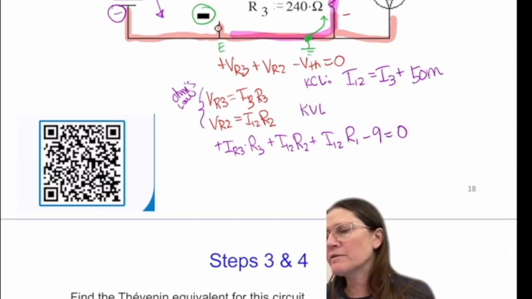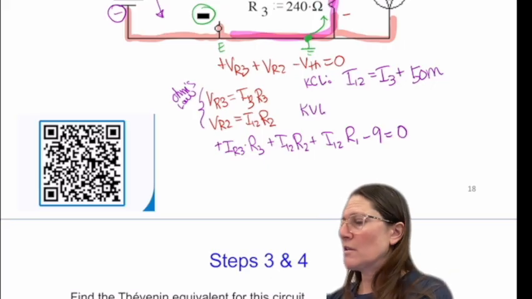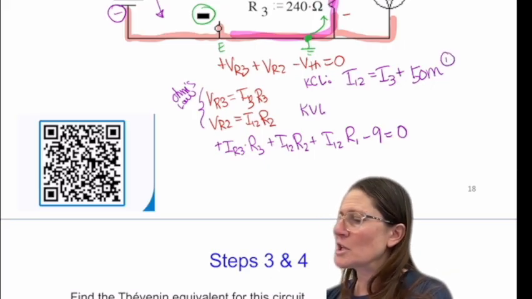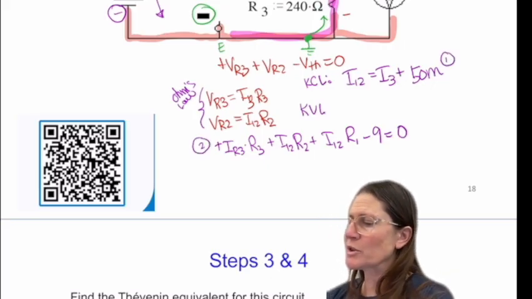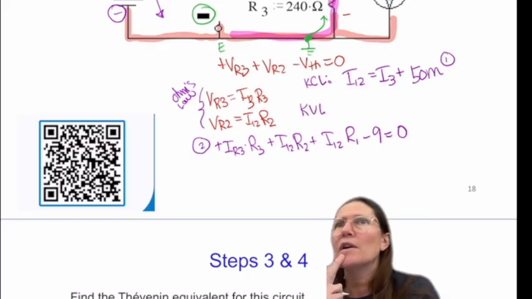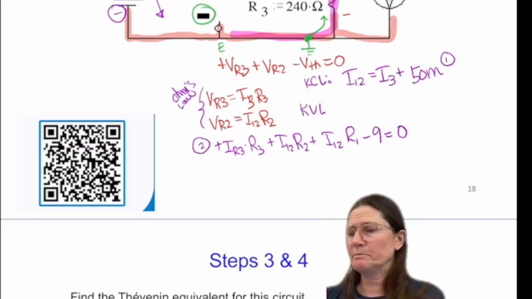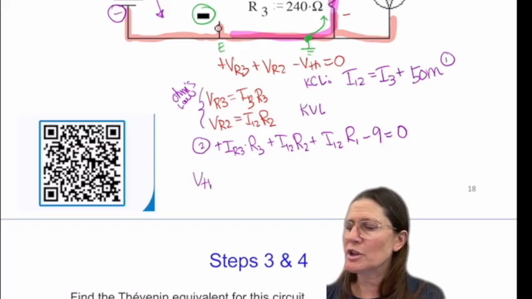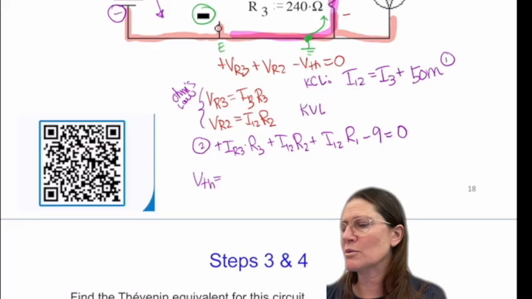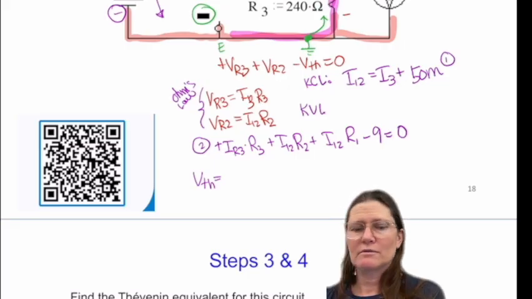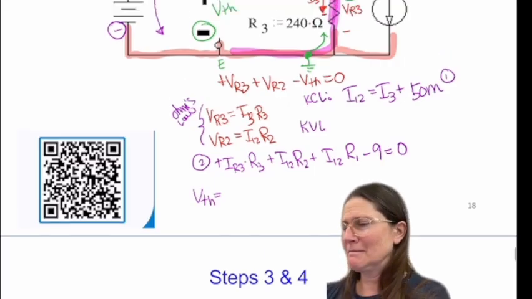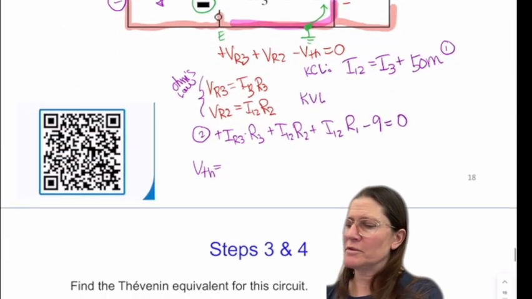And I have one equation here and two equations with the two unknowns. So I can then algebraically solve this and get the same answer that I got before. This should yield that VTH is equal to 6.9. What was it? 6.9 volts.